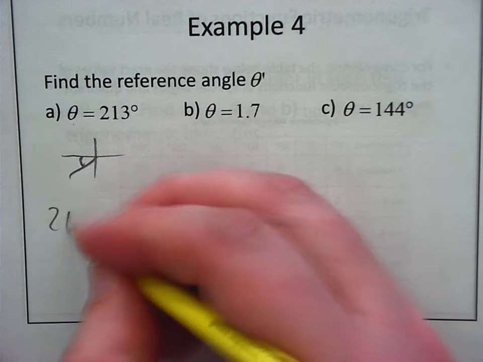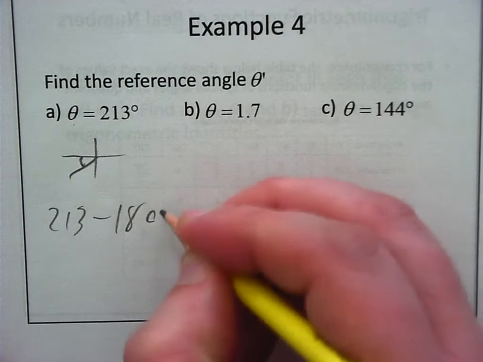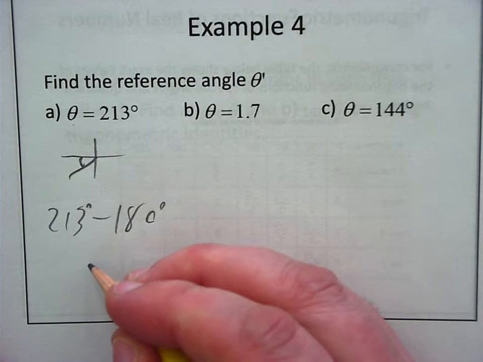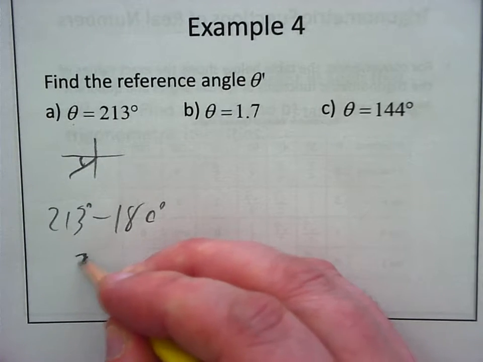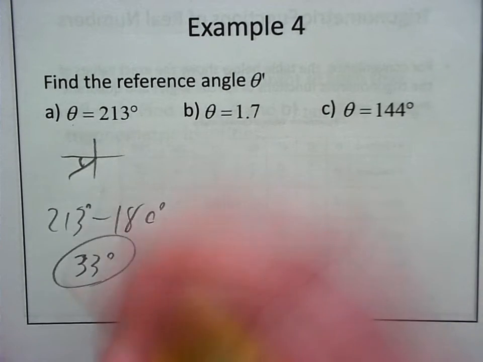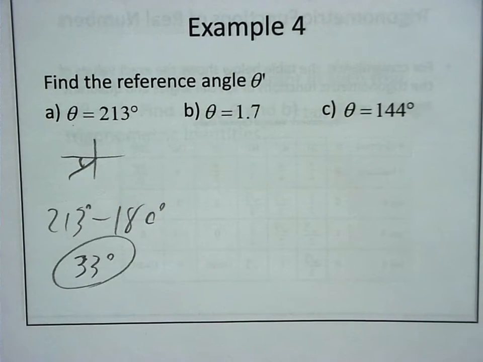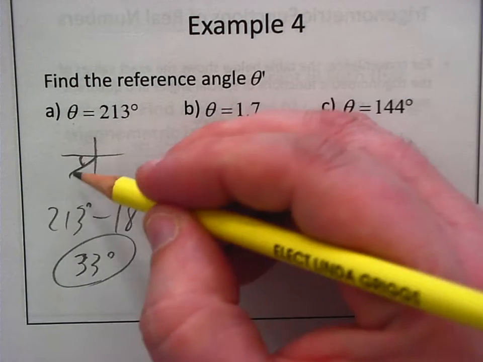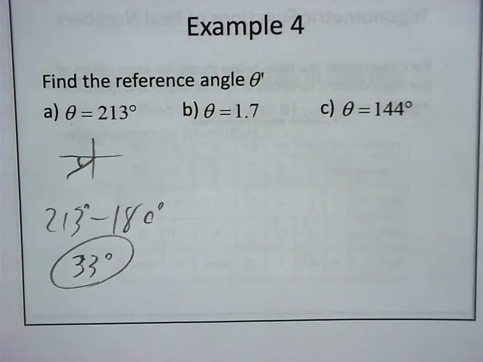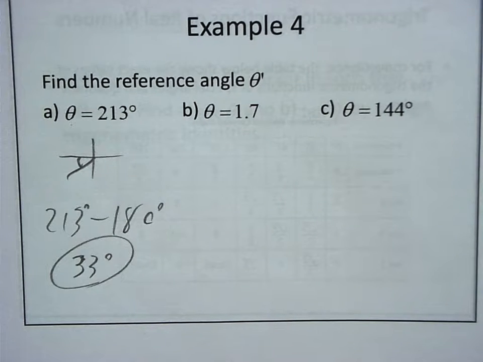Subtract 180. 213 minus 180 degrees gives you what? 33. So this small angle here is just 33 degrees. But it's going to have the same trig properties that the 213 does for sine, cosine, tangent. Those ratios will still be the same, adjusted for quadrant.